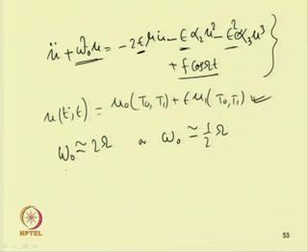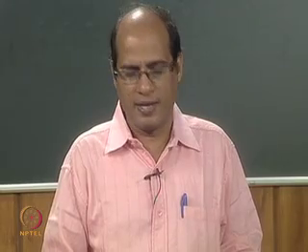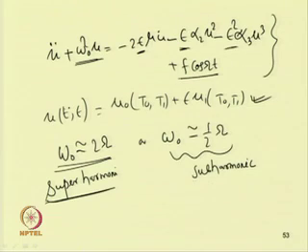So, in this case omega 0 nearly equal to 2 omega is the superharmonic resonance condition, and the other case is the subharmonic resonance condition. So, similar to the case of cubic nonlinearity, in this case of both cubic and quadratic nonlinearity also, one can study this effect of superharmonic and subharmonic resonance condition.